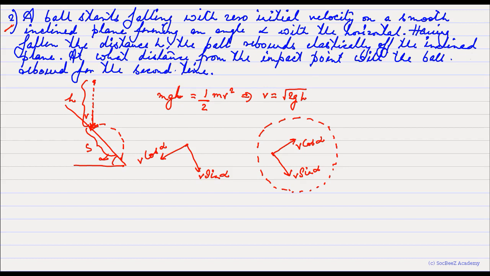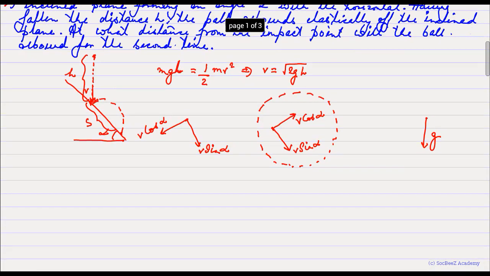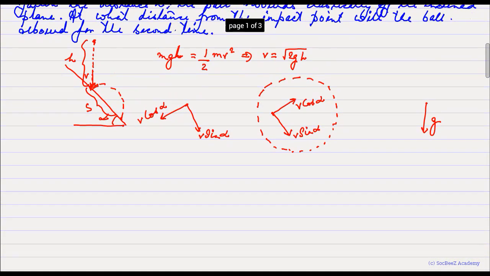Now gravity is the only acceleration which is acting on the ball. Gravity is going to be vertically downwards. Its magnitude is going to be g. Now this gravity also has got 2 components. One is perpendicular to the inclined plane and one is parallel to the inclined plane.